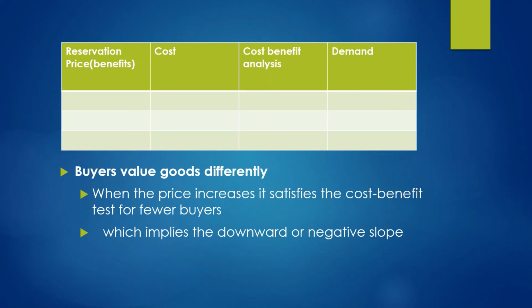This is the maximum price, so it is showing your reservation price. So what is your reservation price to buy a mobile? It is 150.